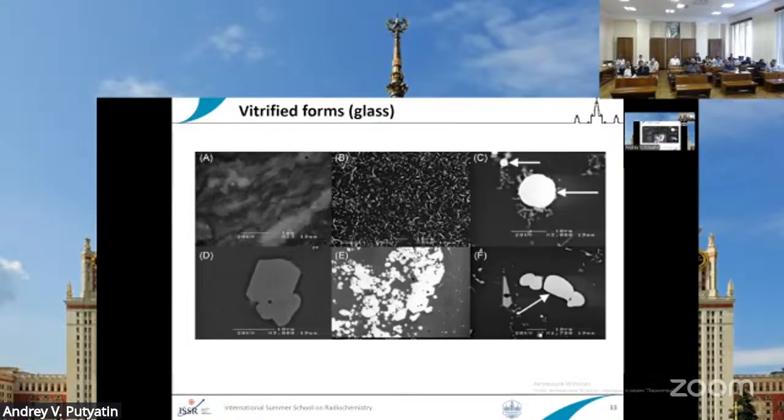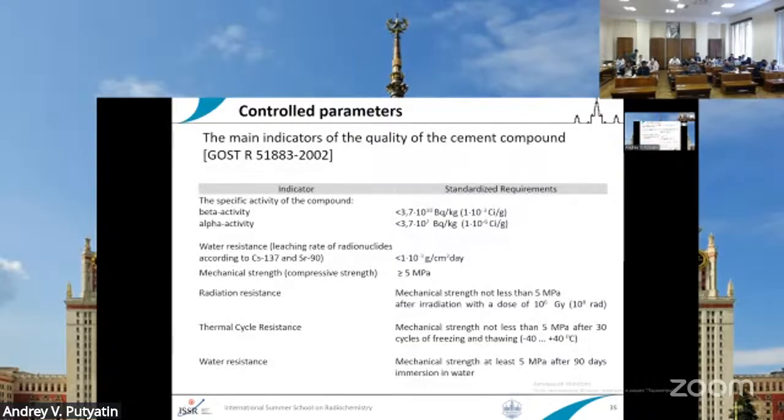So the material was still amorphous with good leaching behavior of radionuclides. They tested it. So if there are some cracks inside the barrels, it is not the problem. The problem is the formation of such crystallites and formation of glass dust with these materials, the concentration of the radionuclides in these materials.